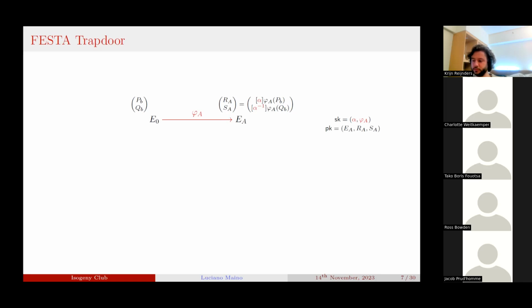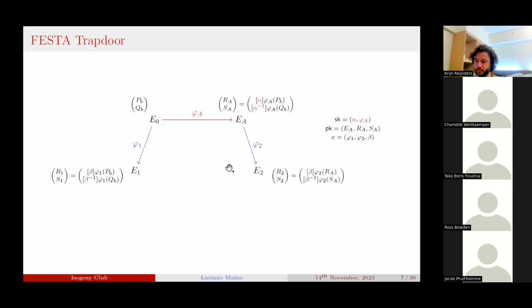Then we need to evaluate our trapdoor function. The input will consist of two isogenies, phi_1 and phi_2, and another scalar, beta. The isogeny phi_1 originates from E0, and we map PB and QB under phi_1, and we mask phi_1(PB) by beta and phi_1(QB) by the inverse of beta. We call these points R1, S1.